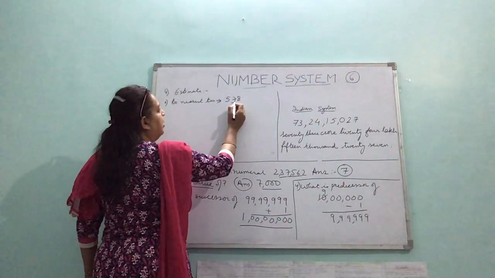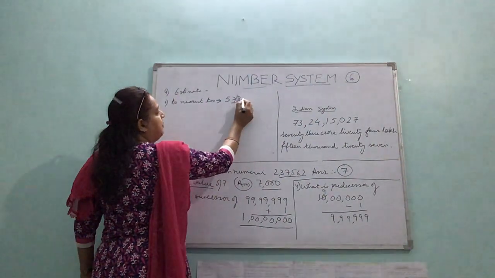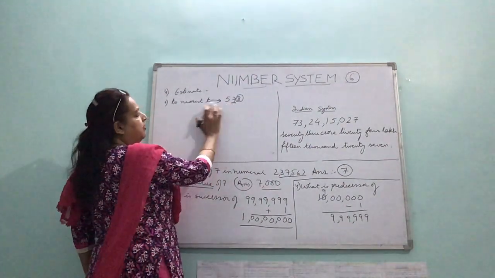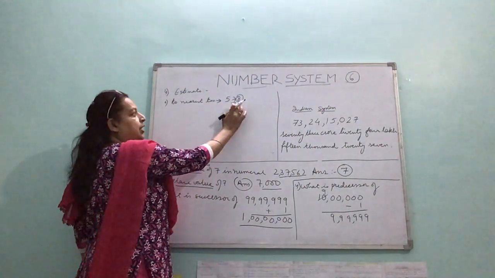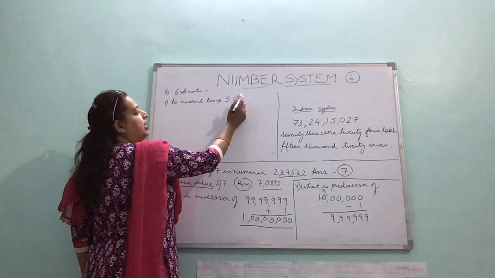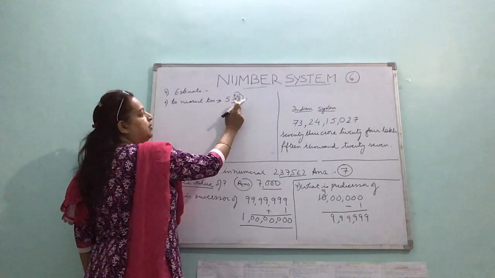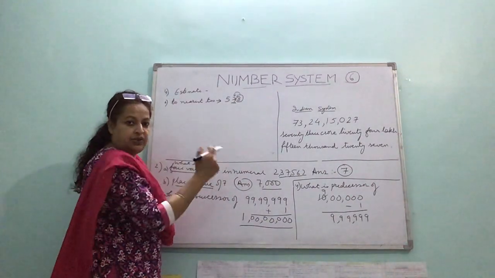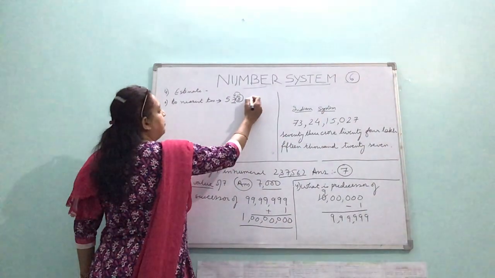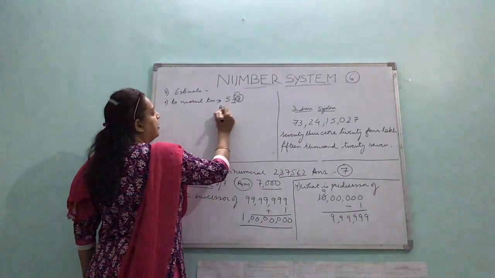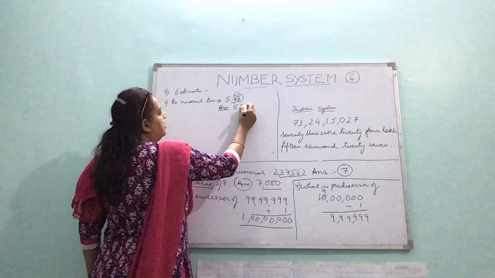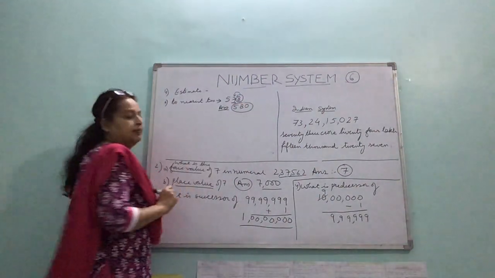Well, if the units digit is 5 or greater than 5, when you are estimating to the nearest 10, add 1 to the previous digit and the units digit would be changed to 0. So the answer would be 580, right?